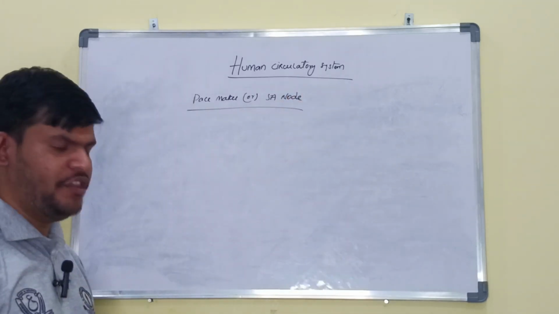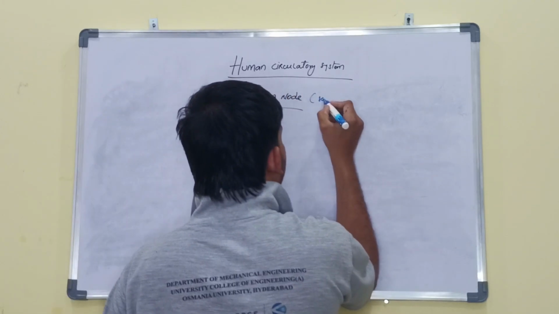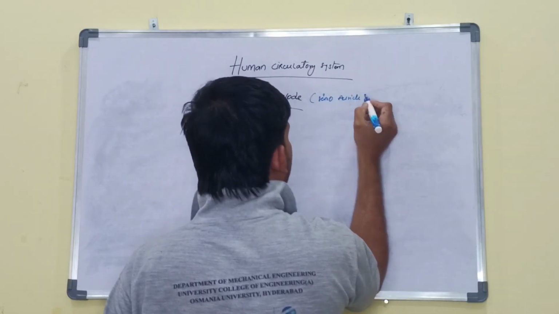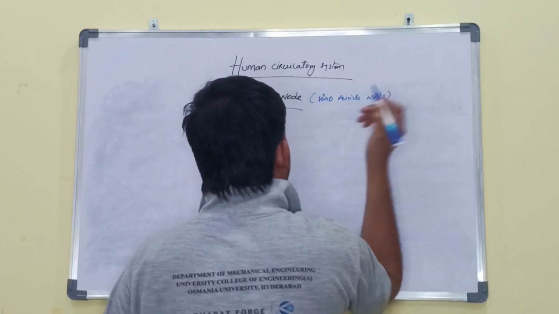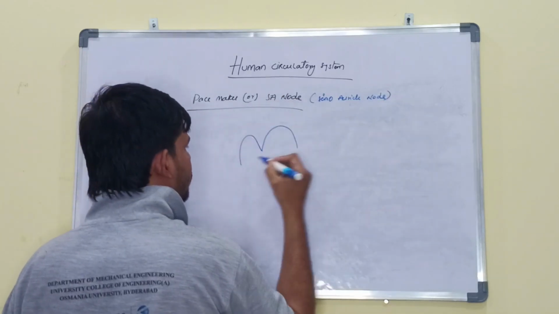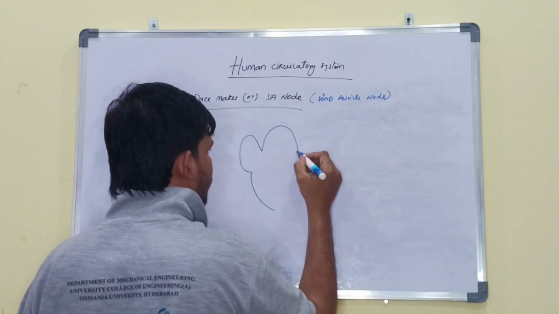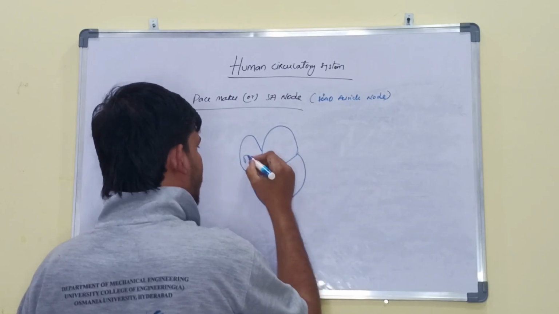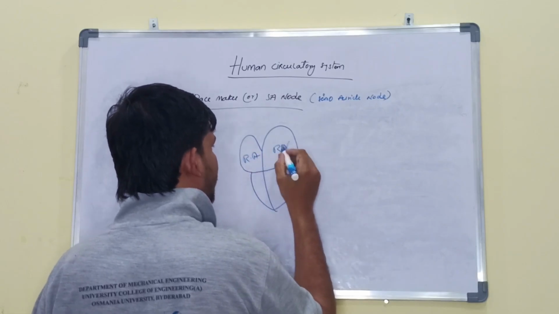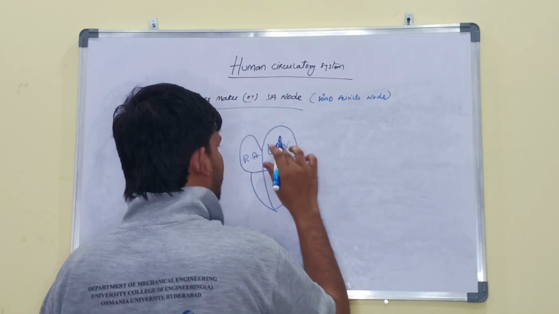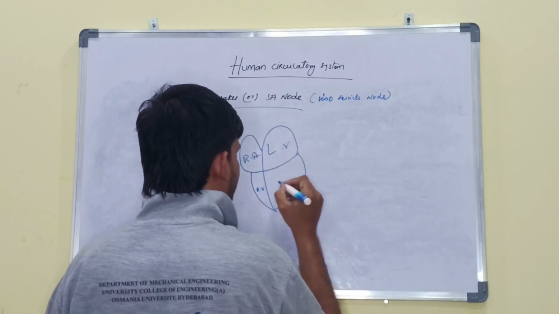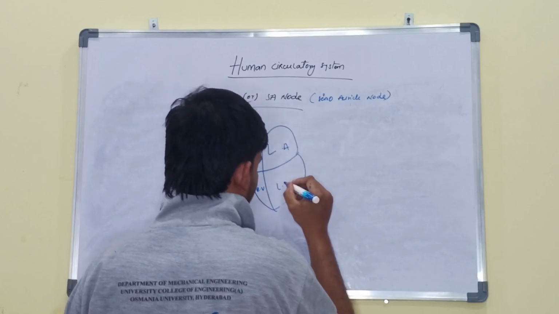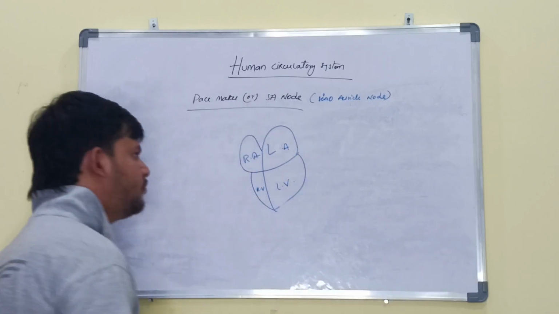What does SA node mean? Sino-auricular node. This is the heart. We have right auricle, right ventricle, left auricle and left ventricle.